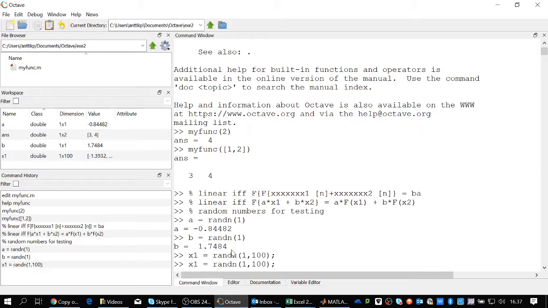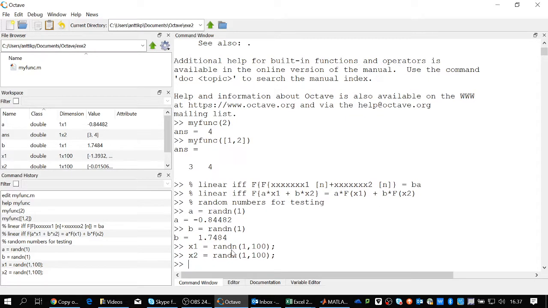But anyways, 2 vectors. So those are inputs, x1 and x2. And then we have the scaling factors a and b. And now I have quite a lot of linearly independent values to use as random numbers, to randomize this whole thing.